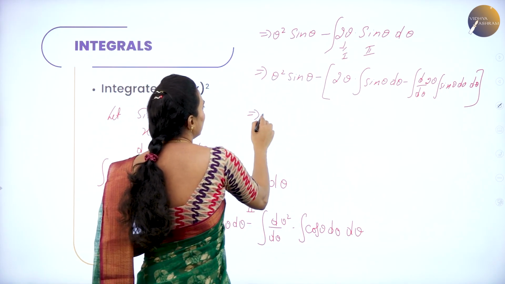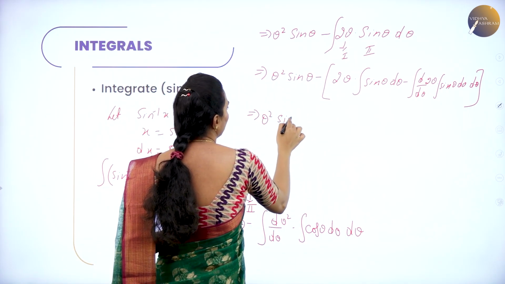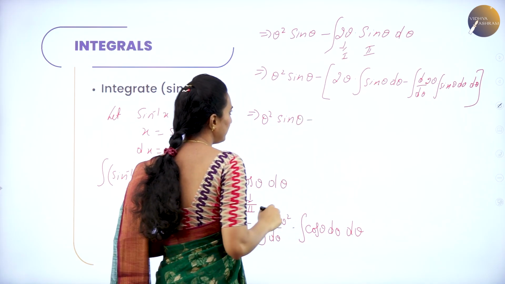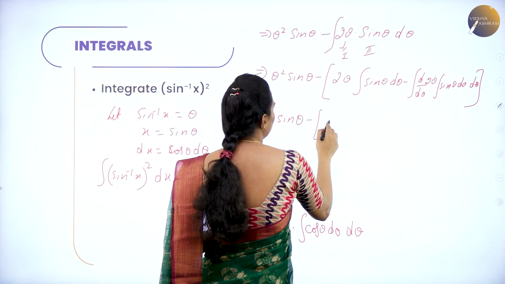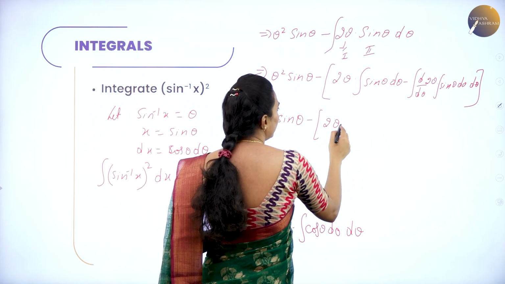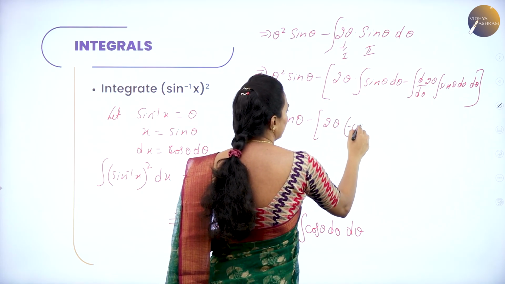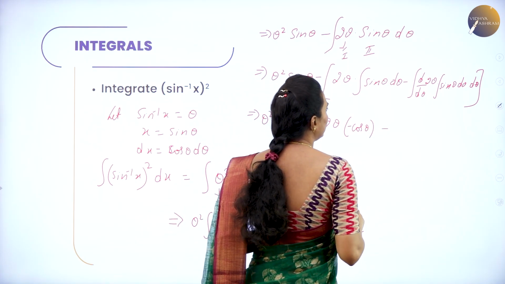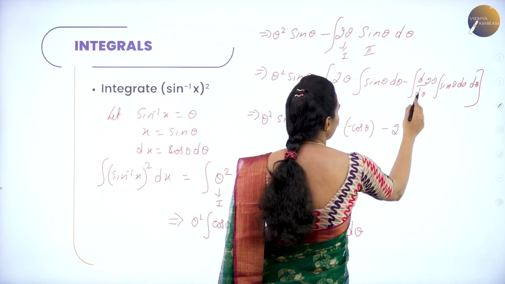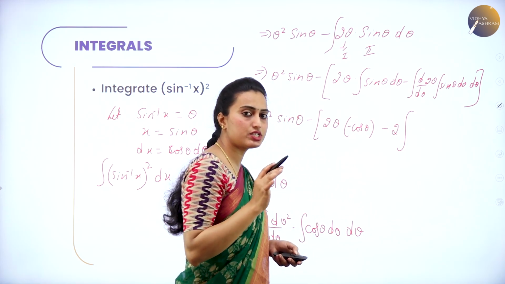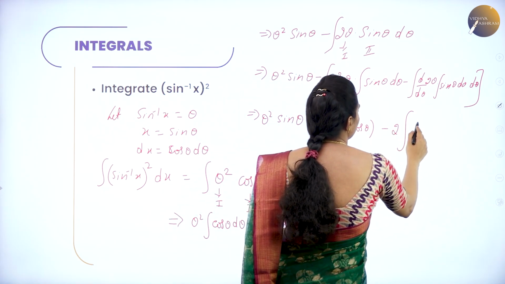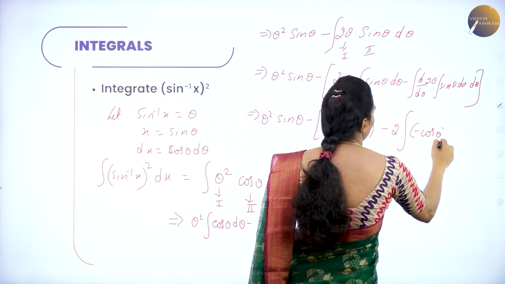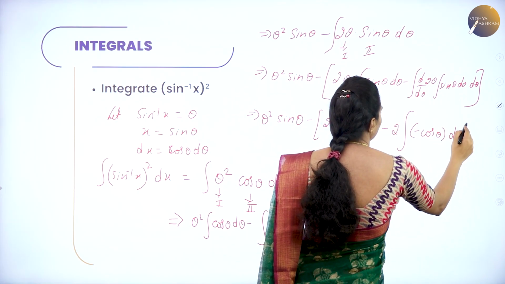Which implies theta squared into sin theta minus, you are going to get 2 theta into sin theta, integration is minus cos theta, again minus integral of 2 theta, 2 can be taken outside, again sin theta integration is nothing but minus cos theta into d theta, right?